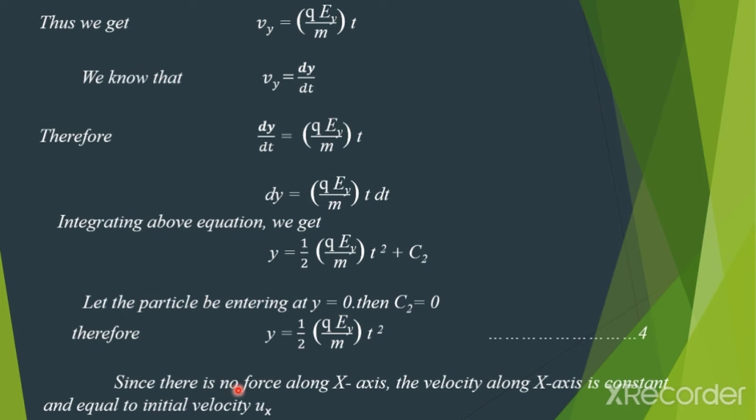Since there is no force acting along the x-axis, the velocity along the x-axis is constant and equal to the initial velocity ux.